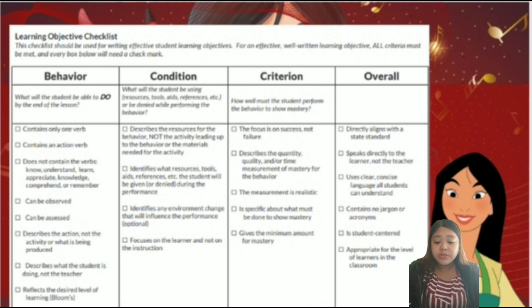It does not contain the verbs know, understand, learn, appreciate, knowledge, comprehend, or remember. While the condition describes the resources for the behavior, not the activity leading up to the behavior, the materials needed for the productivity. And in criterion, the focus is on success, not failure, and the overall directly aligns with the state standard. So it's just a sample.